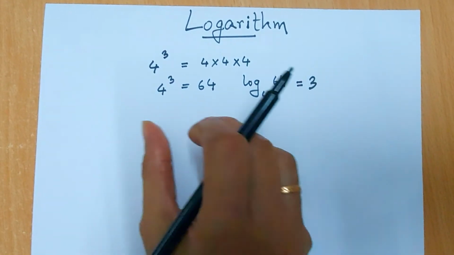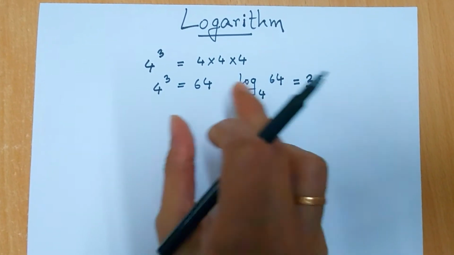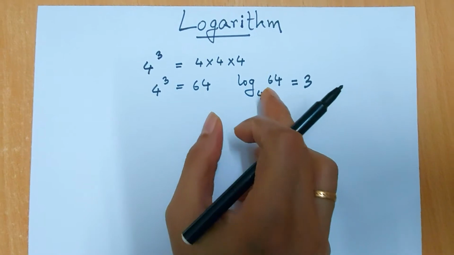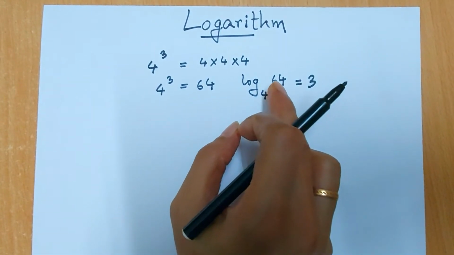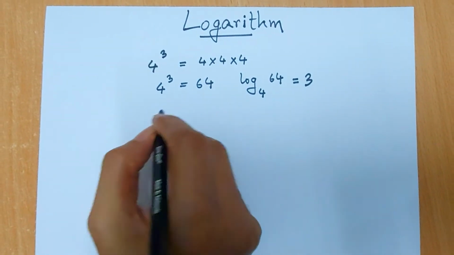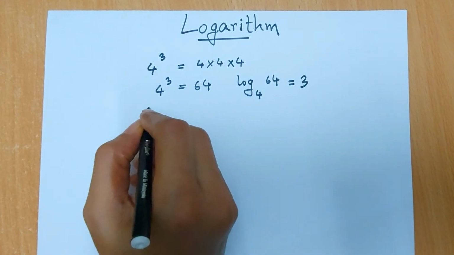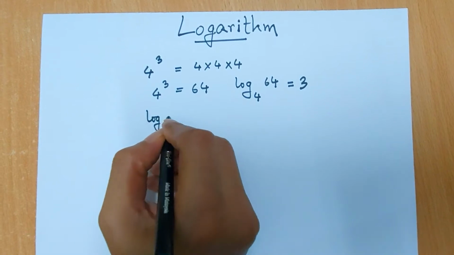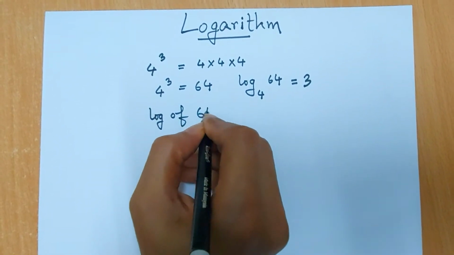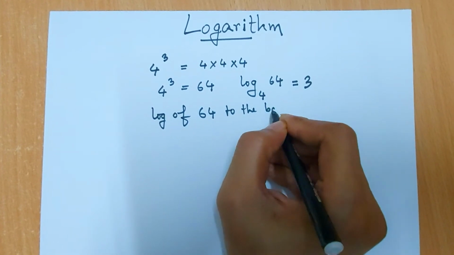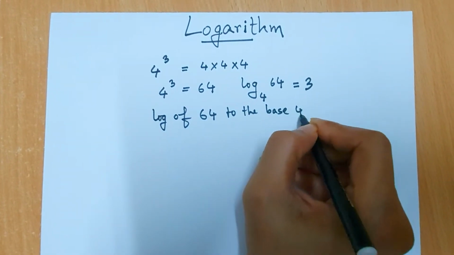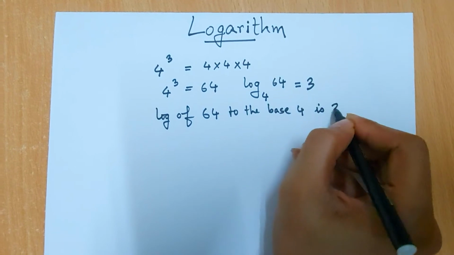Now you see these two expressions are the same but differently presented, and this logarithmic expression can be said as, I am writing here, log of 64 to the base 4 is 3.